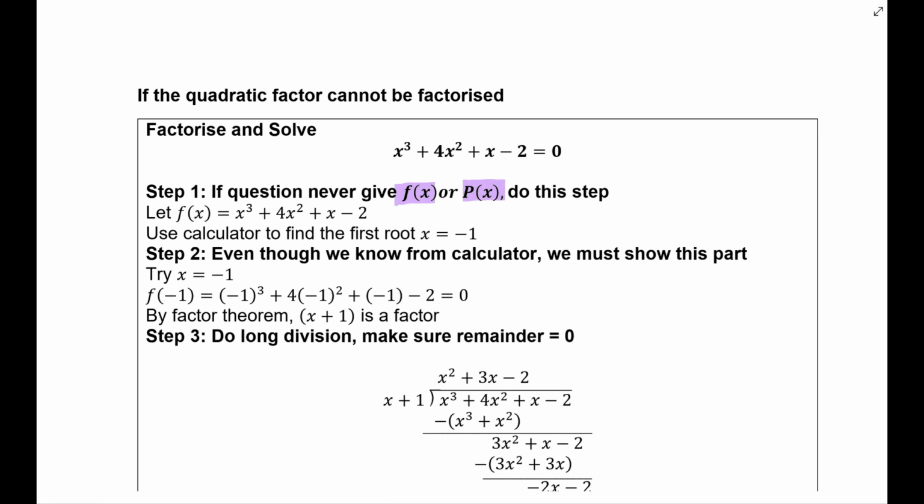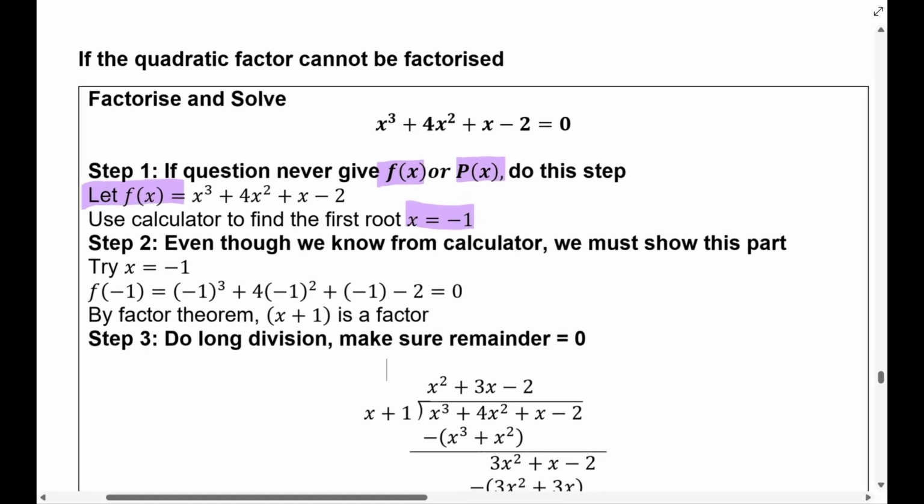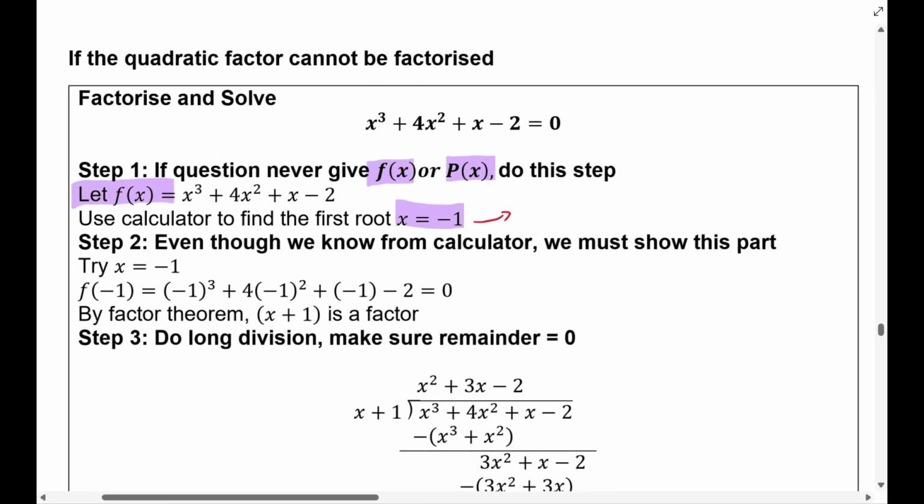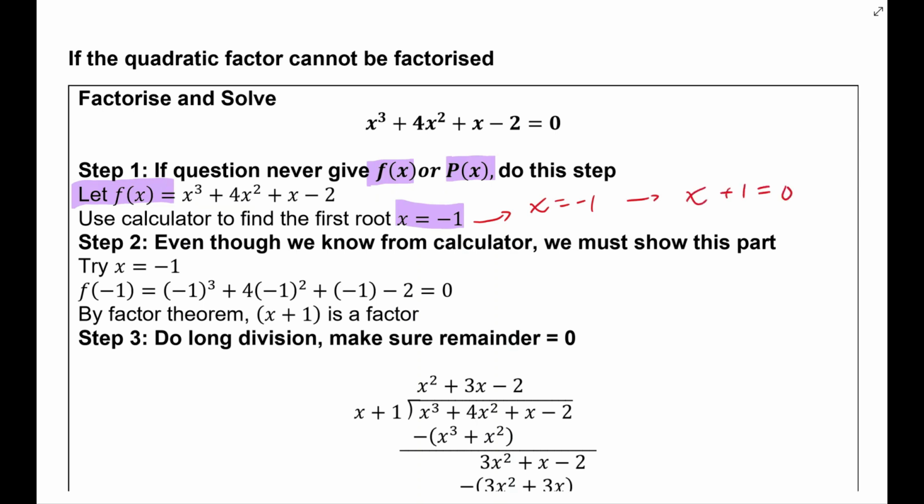Let f(x) equal your polynomial. And then once again, we'll speed up the process by using our calculator to find the first root of x equals minus 1. Now if x equals minus 1, we will know that our first factor is x plus 1.